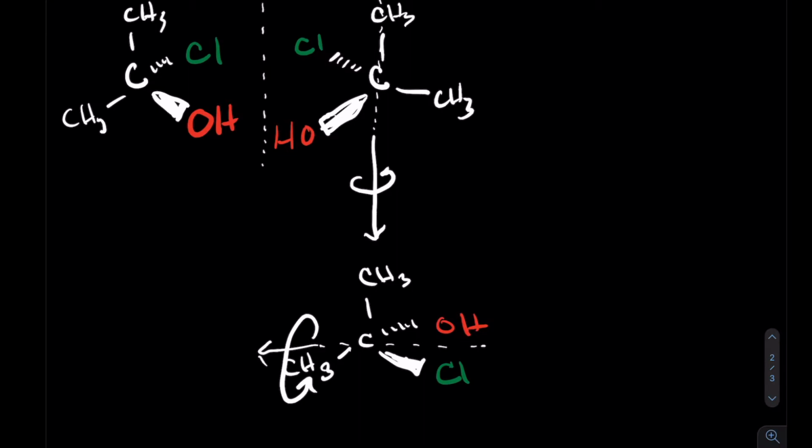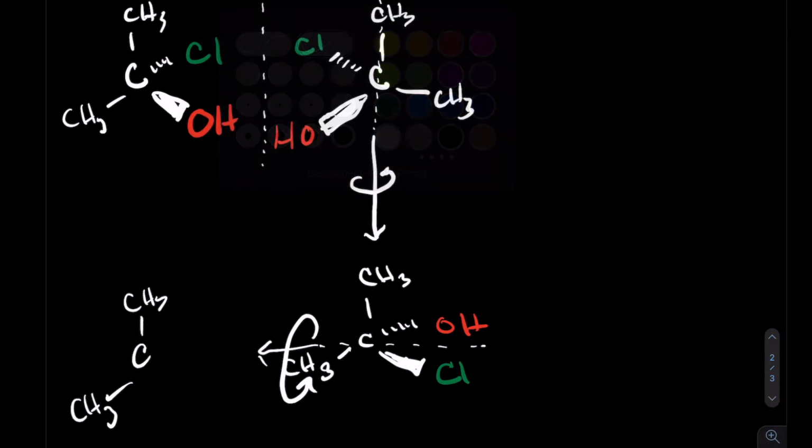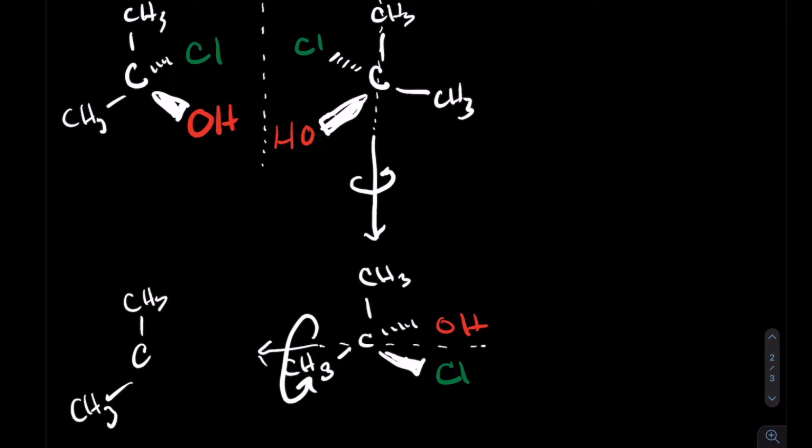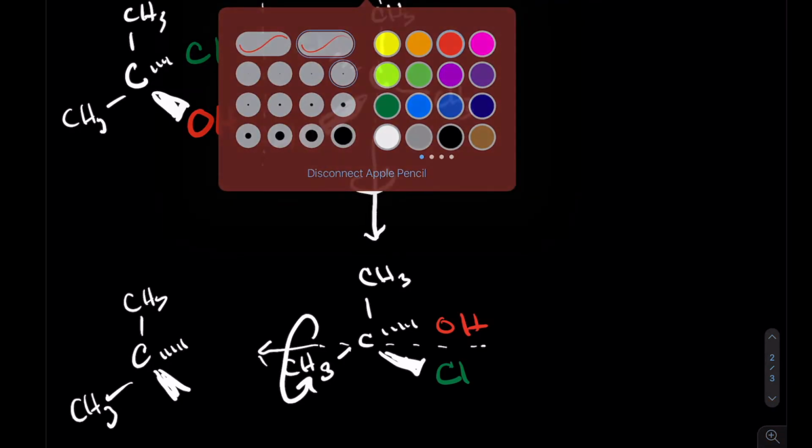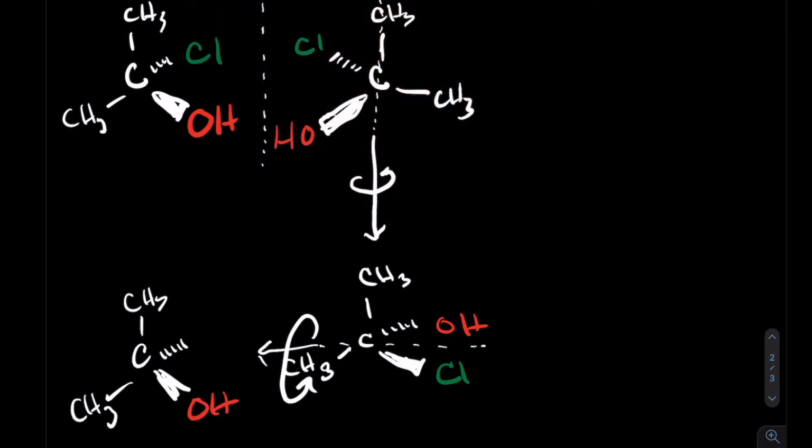So your drawing doesn't change for the CH3 and the CH3, all right? But the position of the chloride and the OH change, because we're going to do a rotation about here and then over here, which means that those now actually change places. So we always have a dash and we always have a wedge, but in this particular configuration now the OH is in the front and the Cl is in the back.